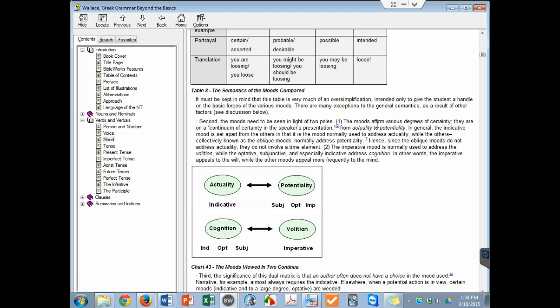So the imperative? The imperative, yes. Because I've never been in a linguistic context where I thought that the potentiality of an action was in view when the imperative was given.